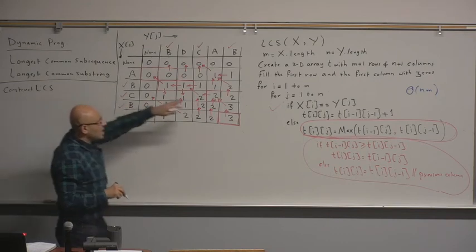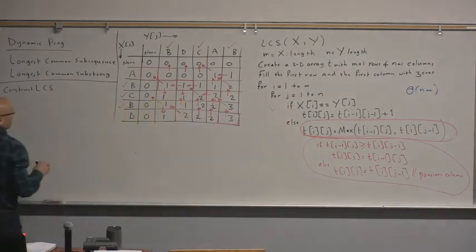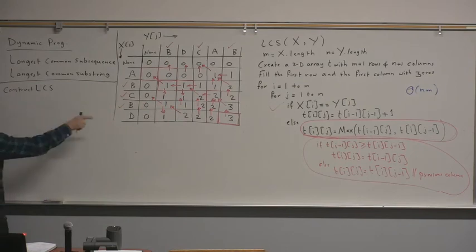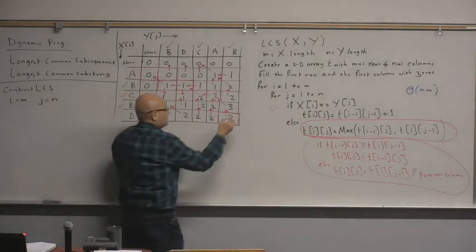And this should run after this. After we construct the table, we construct the string by starting from this square. So we set i equals m and j equals n. It means that we start from this.